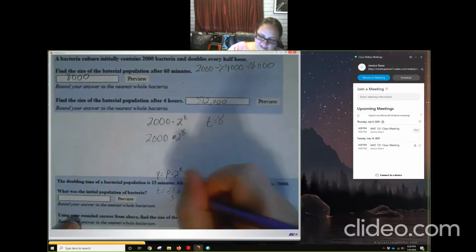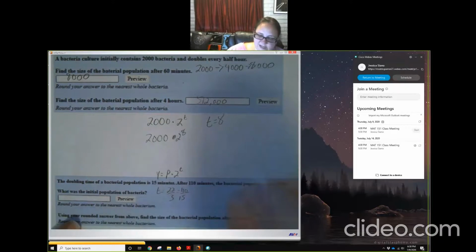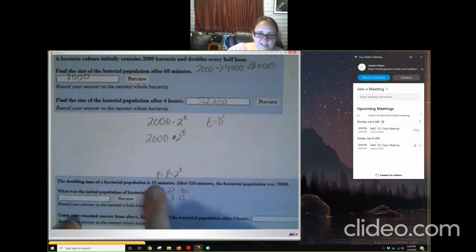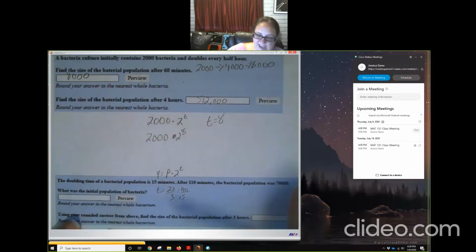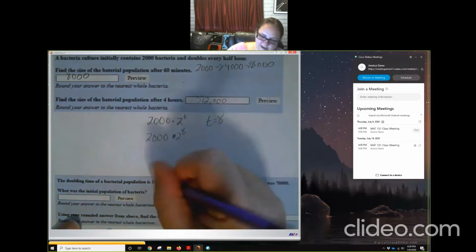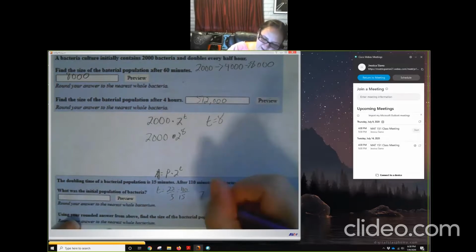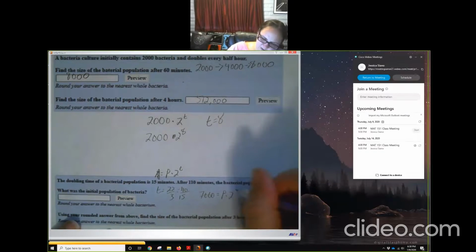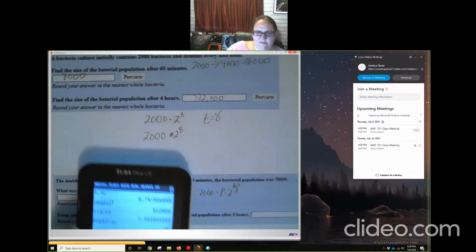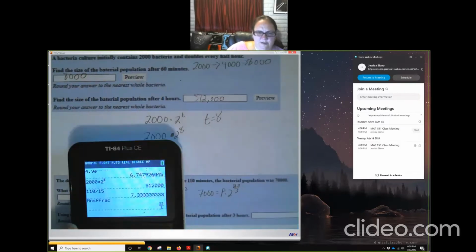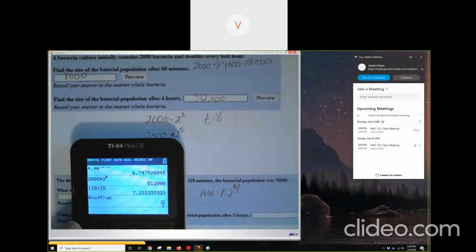And we got that because it is 110, the total number of minutes, divided by how many minutes it takes to double. And then my A value, call this A, is 7,000. So 7,000 equals P times 2 to the 22/3, or 110/15. It's 70,000. 70,000, you're right, I'm missing a zero.